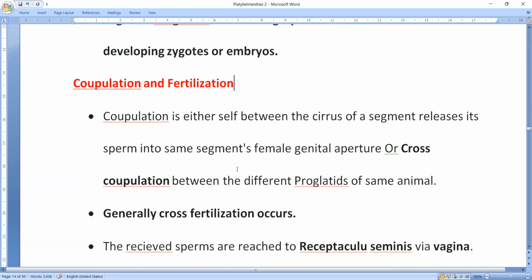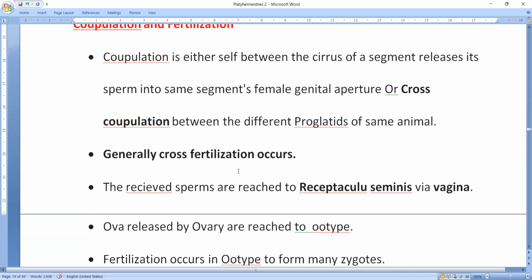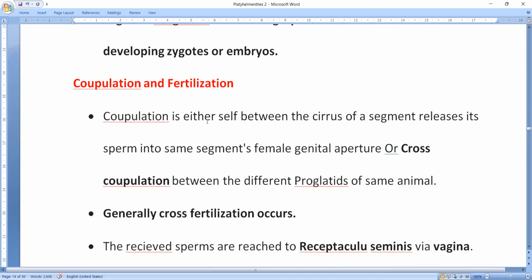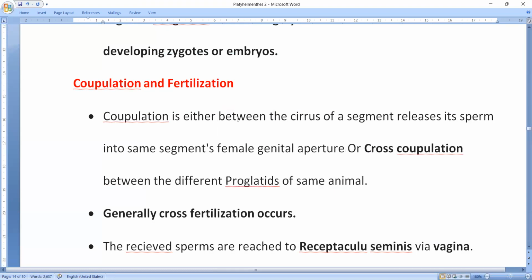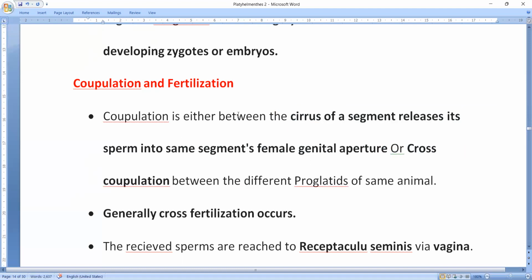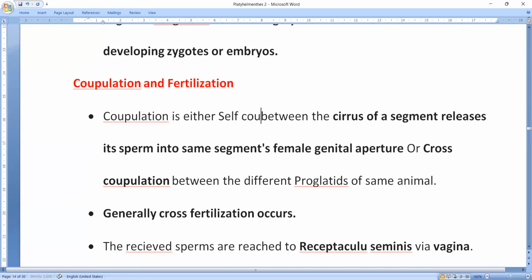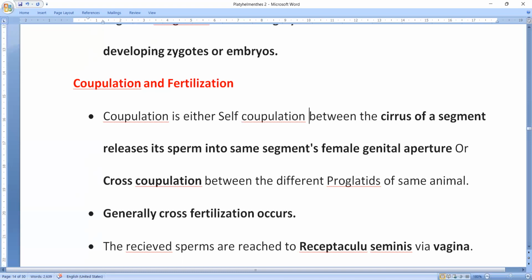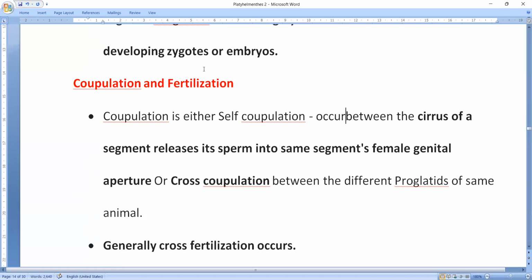Copulation may be self copulation, self fertilization, or cross copulation, cross fertilization. Generally, cross fertilization occurs. In self copulation, the cirrus of a segment releases its sperm into the same segment's female genital aperture, which is self-fertilization.